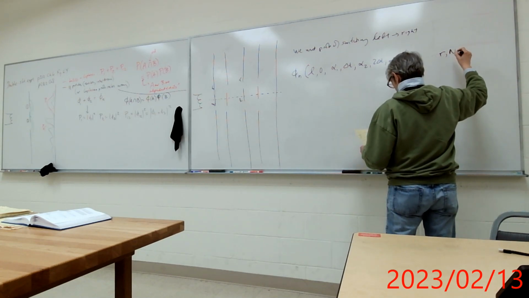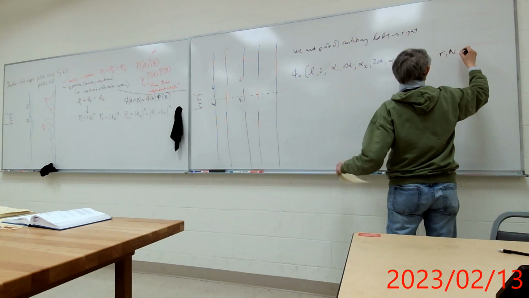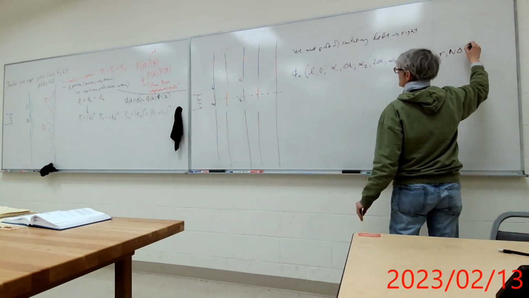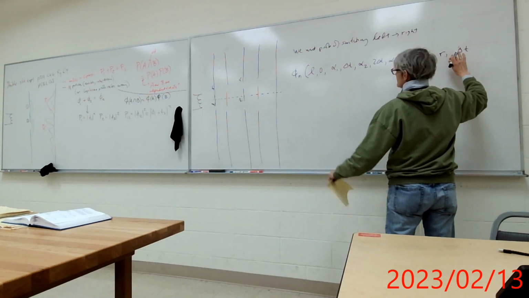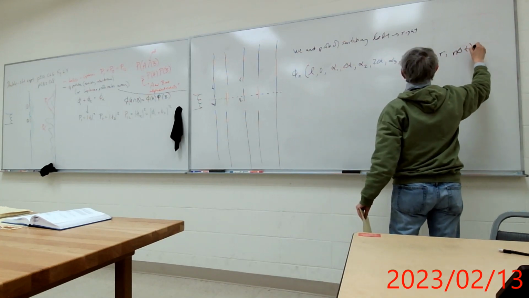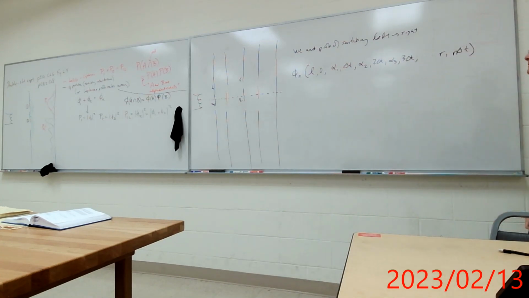What did I call it? Yes, in fact, I did call it n delta t. N, little n. I shouldn't be switching all this notation. So that's what I want. And so I'm going to write down this probability amplitude, and then at the end I will take the absolute magnitude squared of it to get the probability of a total switch.